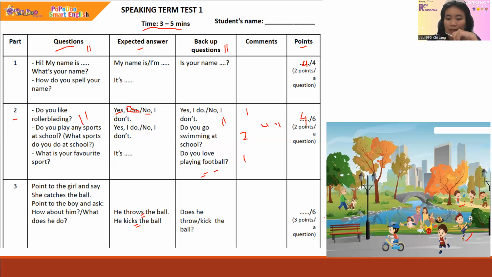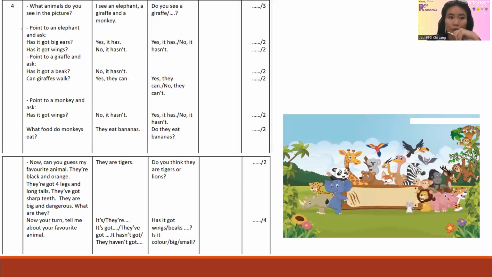Next part here is part 4, and this one is just the same. The key point is that you ask the question in this column, wait for only 5 seconds, and then if they cannot answer, you ask them the backup questions here.